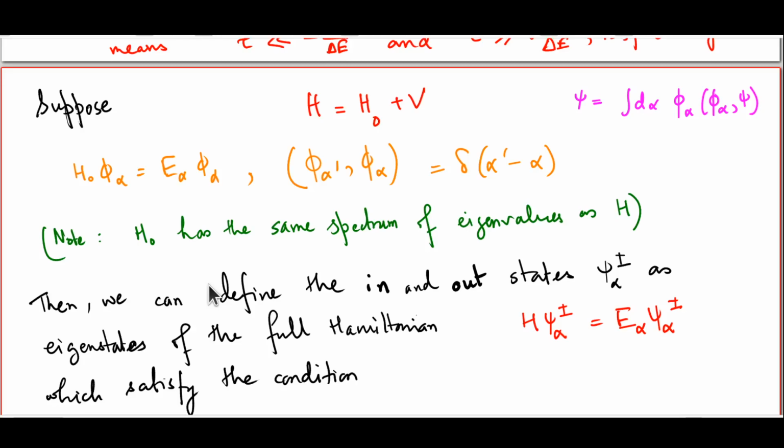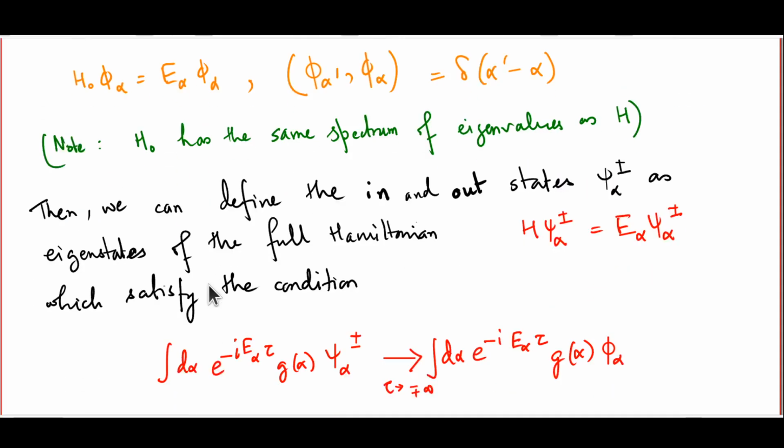And this will satisfy the following condition: if you take the superposition of G alpha psi alpha plus or minus with e to the minus i E alpha tau as an extra phase factor, which comes in because of the time translation operator, in the limit tau going to minus or plus infinity respectively for the in and the out states, this must match the corresponding superposition for the states of the free Hamiltonian H0, that is, the corresponding superposition where psi alpha plus or minus is replaced by phi alpha.